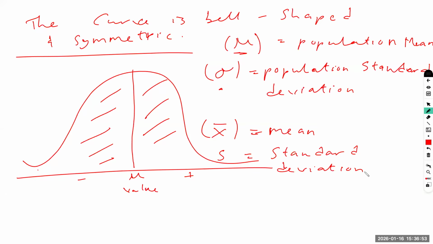Say maybe between A and B, what is the probability that you will find them in between this? That is what we seek to do.